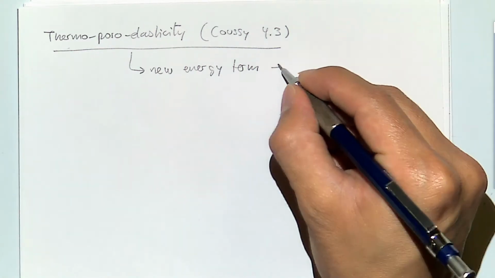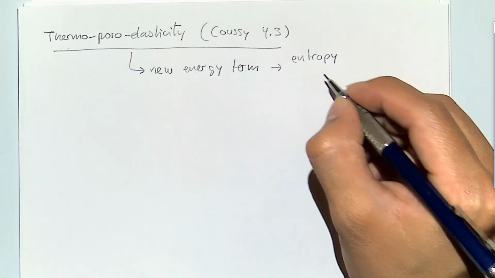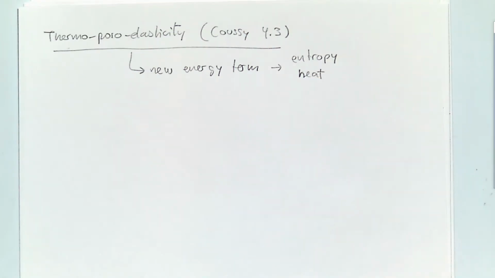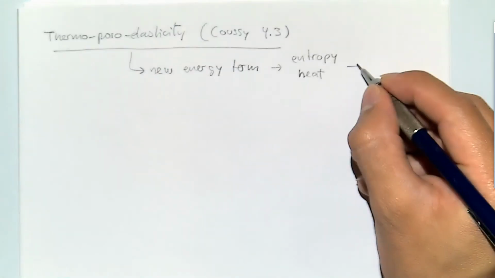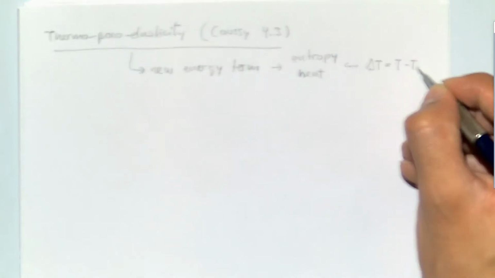That will go in terms of entropy, or heat as a simpler version of entropy, and the additional variable that we're going to have is a change of temperature with respect to the initial condition.